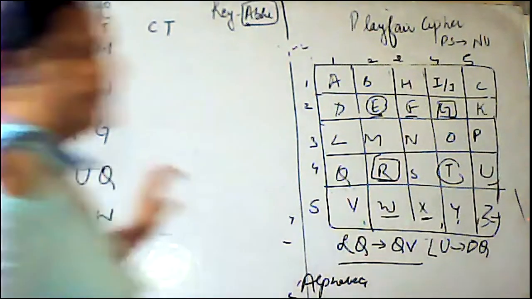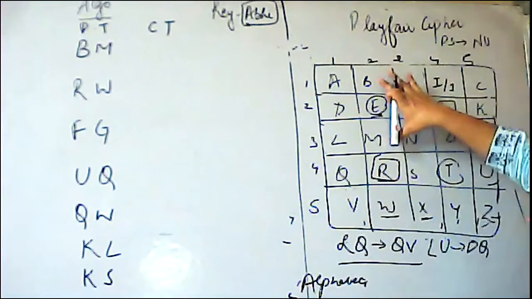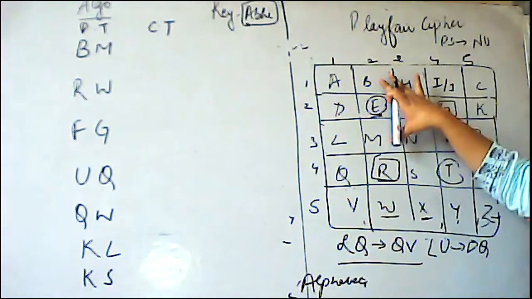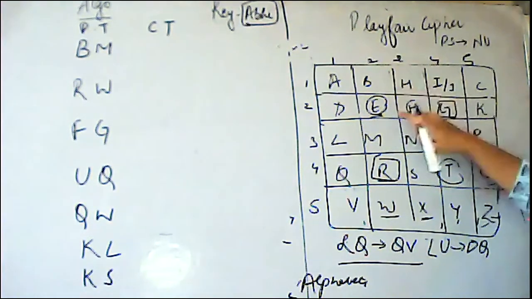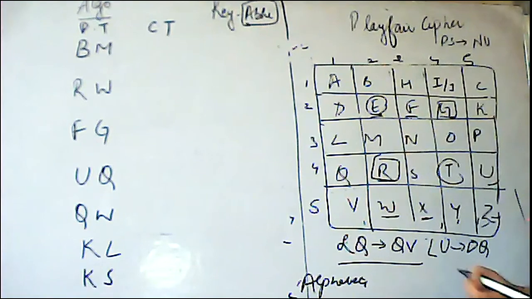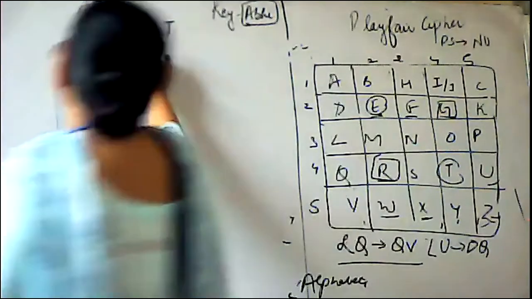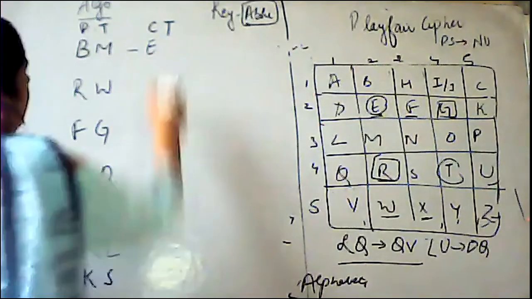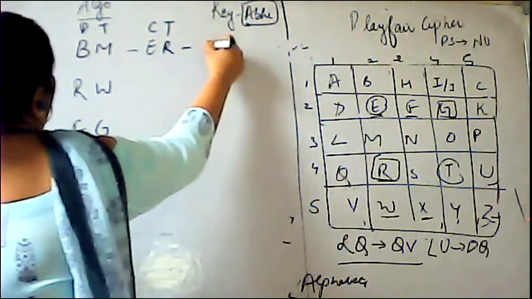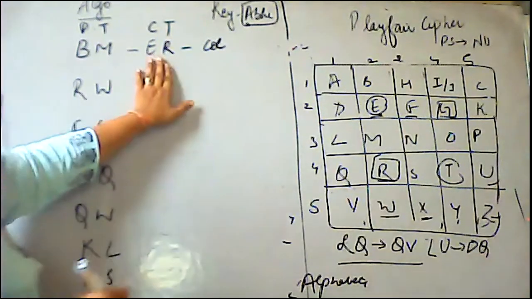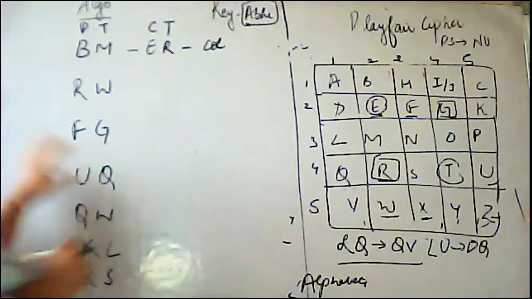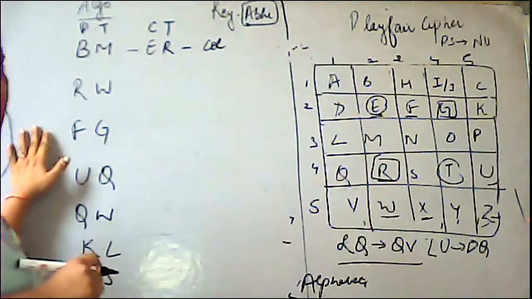Okay. So first of all, BM, B and M, they are appearing in same column. So replace them with the letters below them. Below B is E and below M is R. Same column, so they are replaced with the letters which are immediately below them. RW. Where is R?